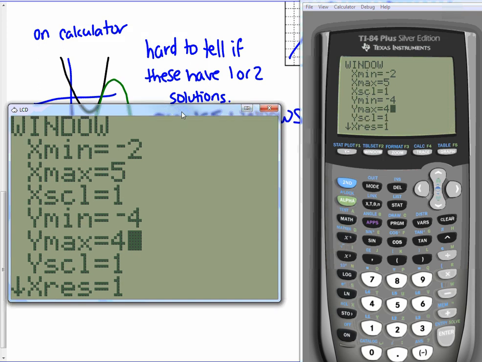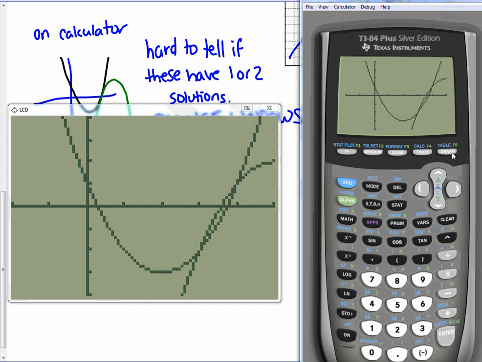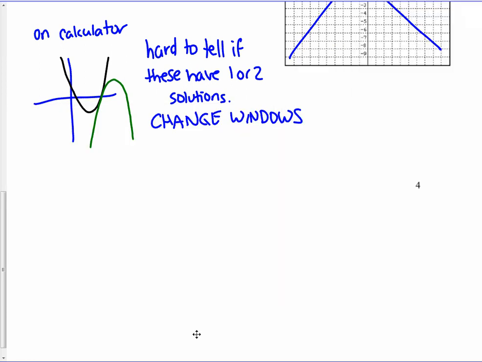Now graph it. How many intersection points? 2. So I'm going to write that down: our windows are -2 to 5 for x and -4 to 4 for y.